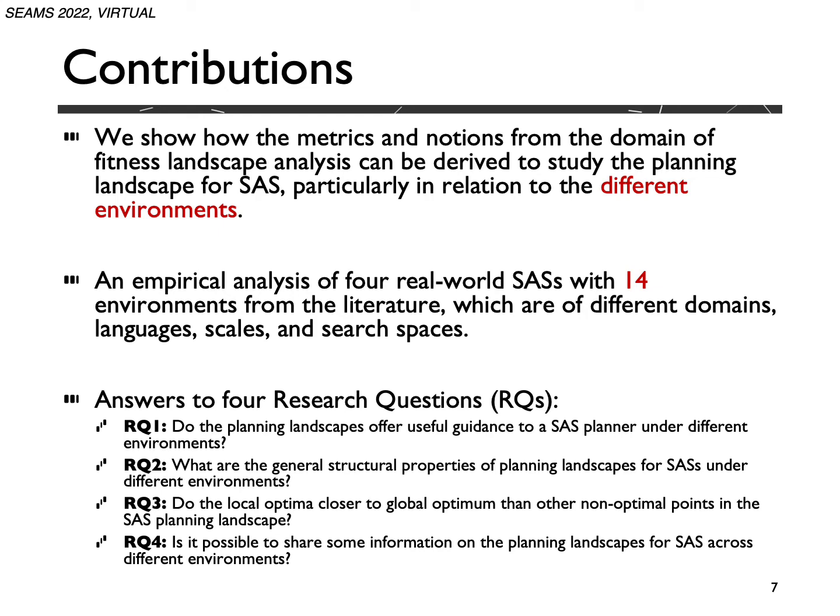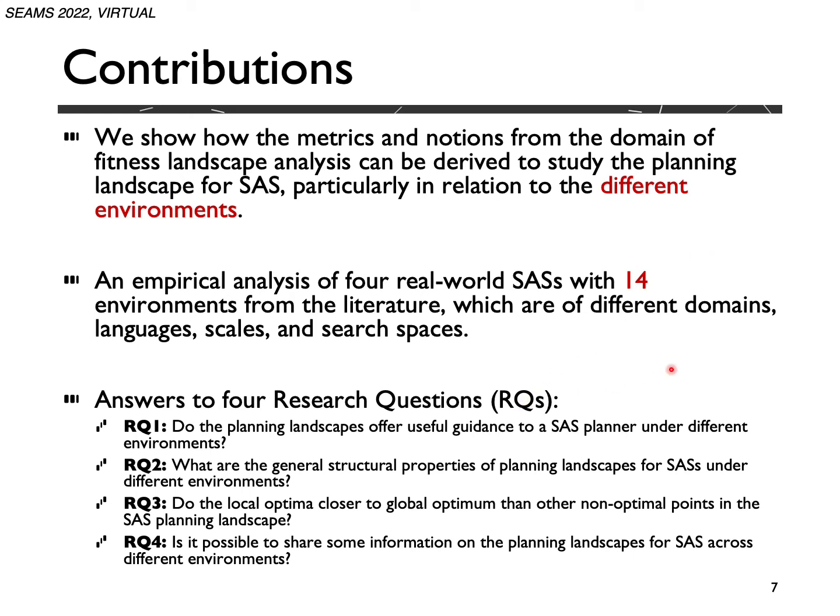In this paper, our contributions are that we show how the metrics and notions from the well-established domain of fitness landscape analysis can be derived to study the planning landscape for SAS, particularly in relation to different environments. We also conduct an empirical analysis of 4 real-world SAS with 14 different environments from the literature.